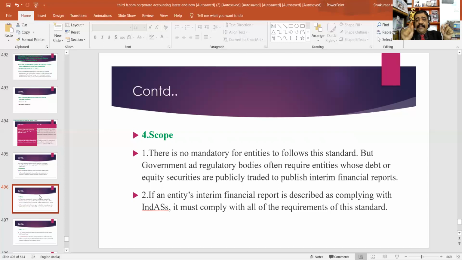Then, if an entity's interim financial report is described as complying with Ind AS 34, it must comply with all the requirements of the standard. I will repeat the point again. If an entity's interim financial report is described as complying with Ind AS 34, then it must comply with all of the requirements of Ind AS 34.